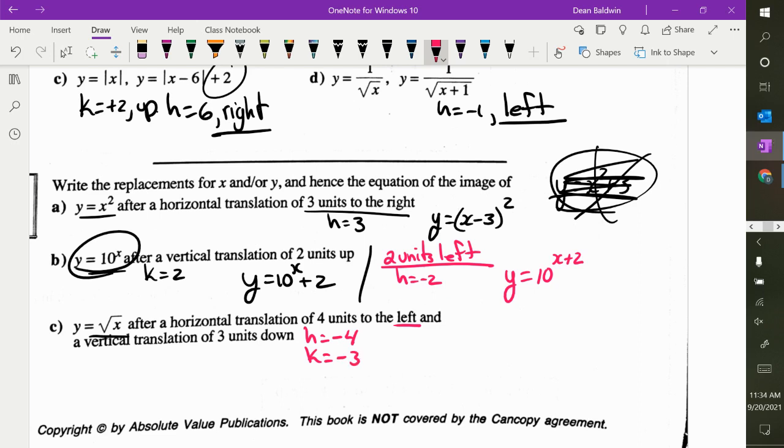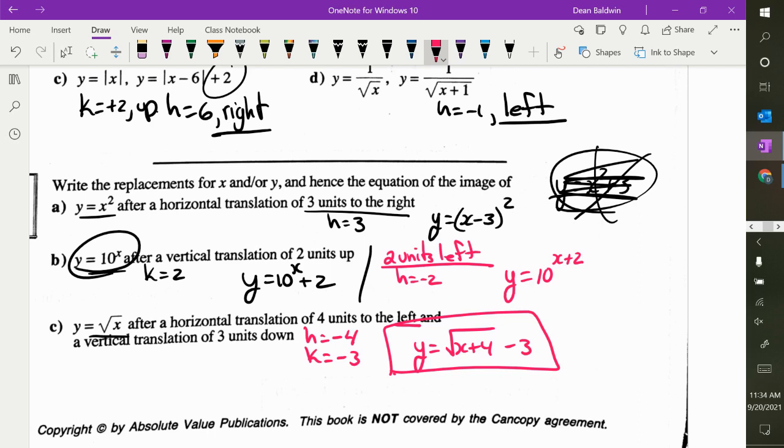Which one goes with the x? So what is the equation? Is it -3 in the square root? Perfect. So it's x plus 4. That moves it left. And then to move it down, we just tack on a -3. Is that okay?